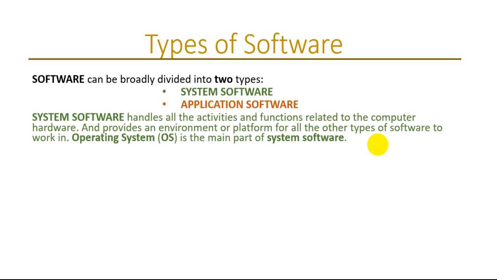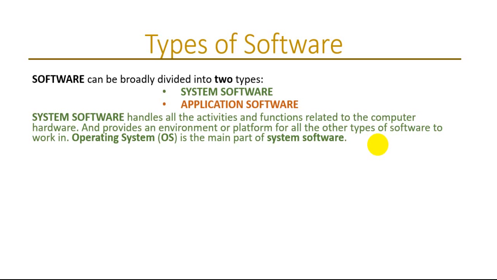System software is the one that is responsible for talking to the hardware to get that part of the hardware to do the job. For example, the system software will talk to the keyboard to accept the keys that you're typing in, or the system software will talk to the screen to display whatever you want to display. Or if you're saving something on your hard disk, to do that, the system software will talk to the hard drive, the hardware, and get the job done.